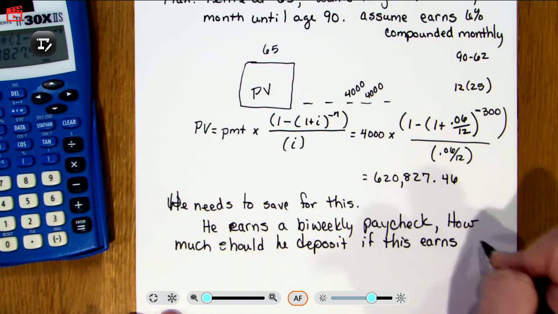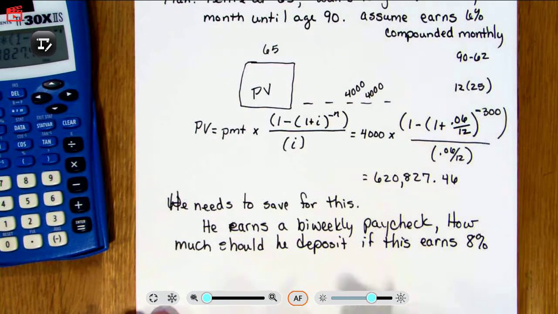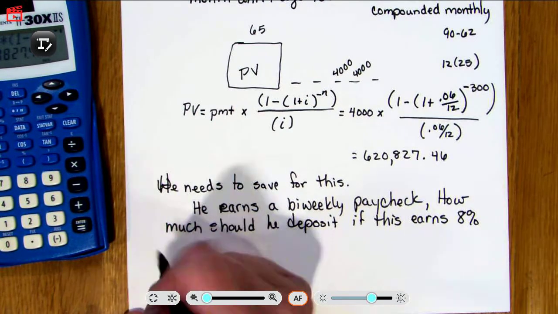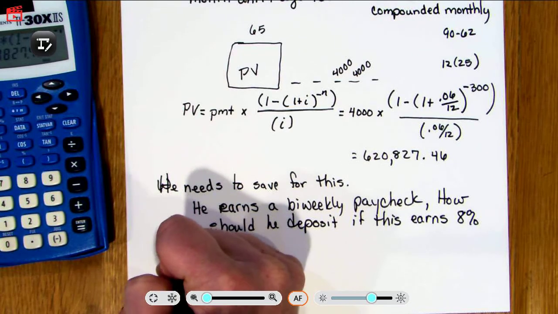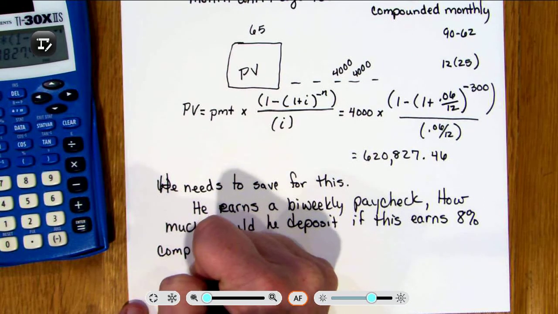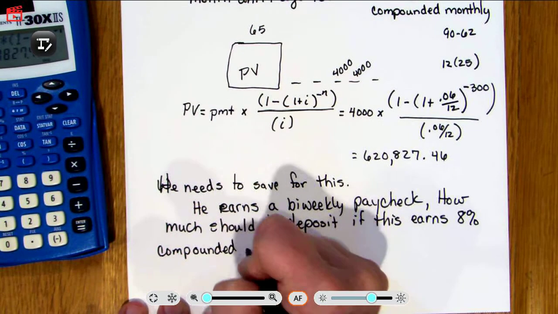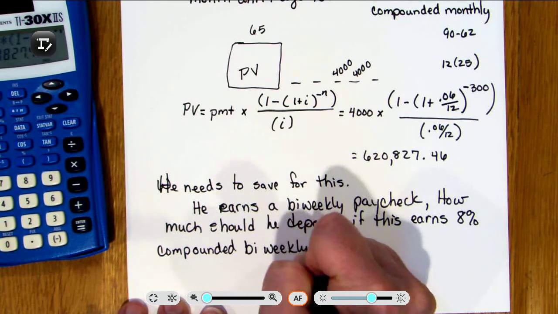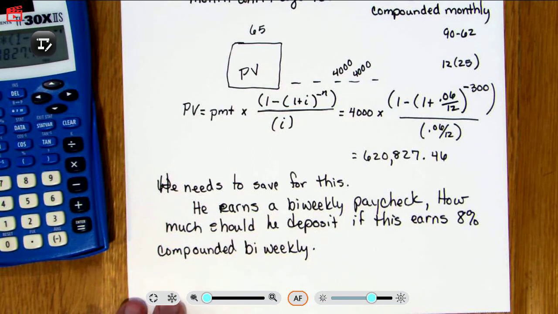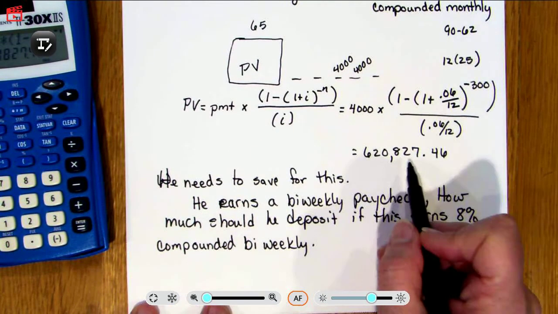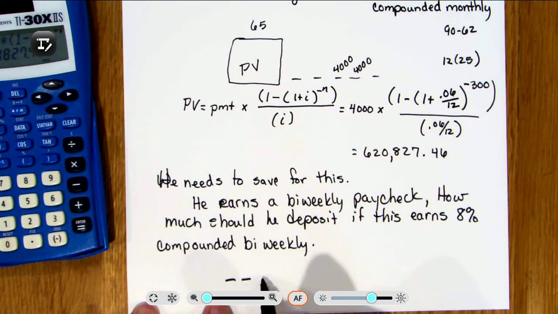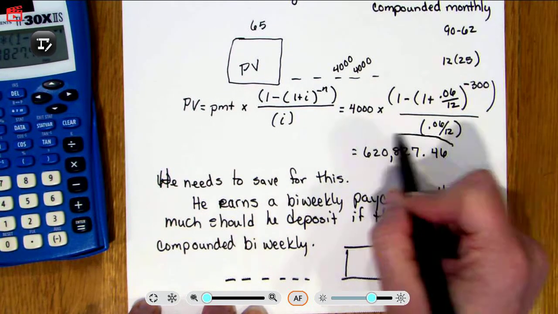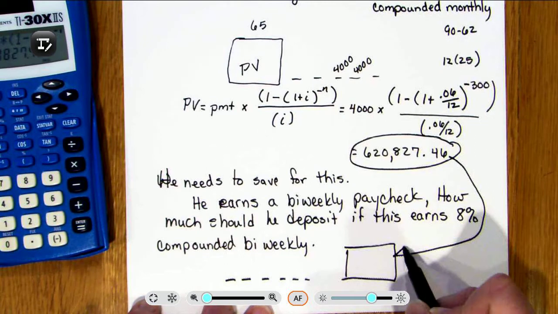A lot of times we can get a pretty decent interest rate if we invest early and let it sit. So I'm going to put 8%, compounded, and again, it has to match our payment period, so bi-weekly. So now our story turns into looking for these little pieces to get to this amount. So that's going right here.